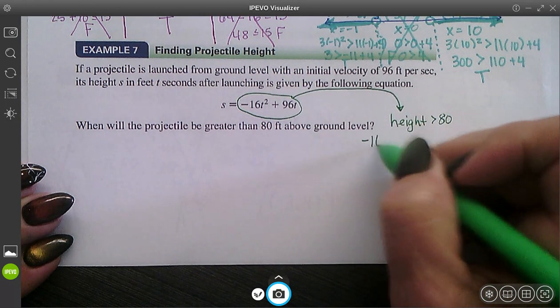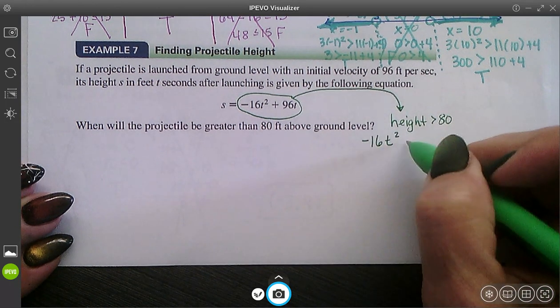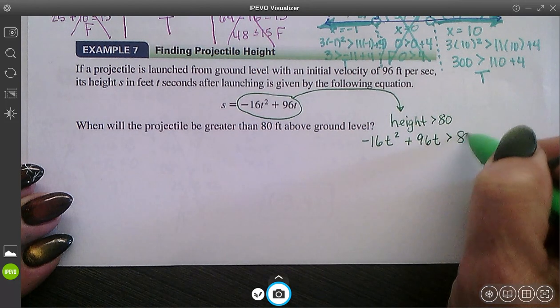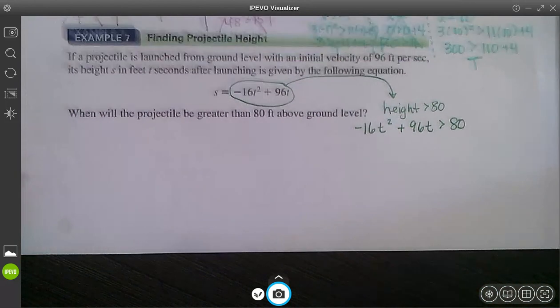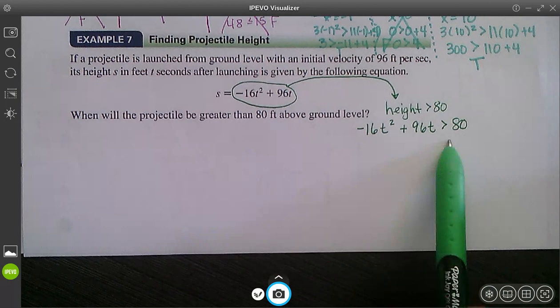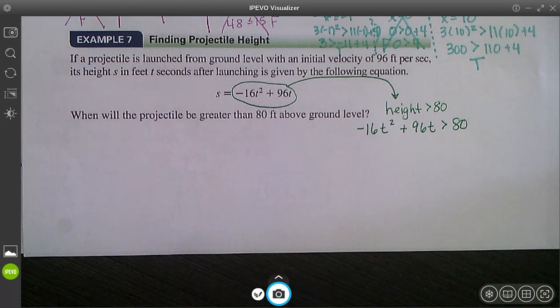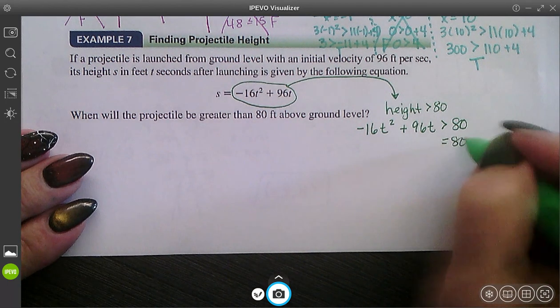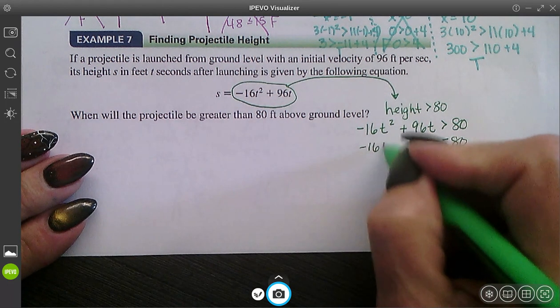So I'm really solving negative 16t squared plus 96t is greater than 80. To solve this quadratic inequality, what I'm going to do is replace the inequality with an equal sign and then solve the equation.